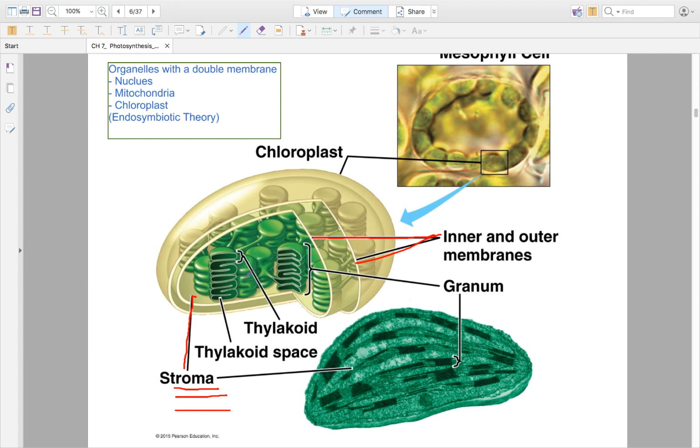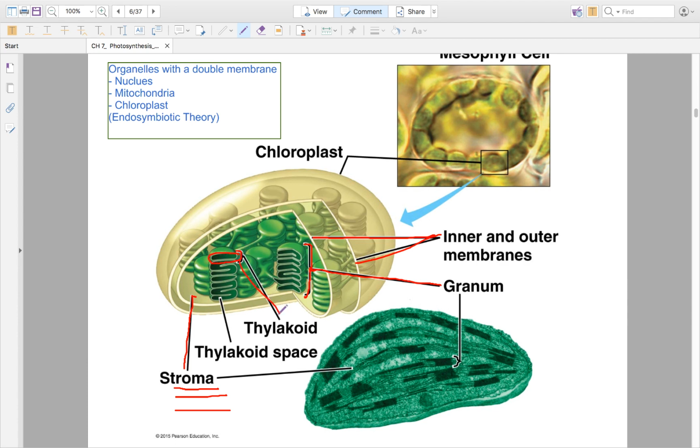The other thing here is, see this little stack, okay? And to me, they look like poker chips. Okay, so imagine that these are stacks of poker chips. Okay, the entire stack of poker chips would be called the granum. An individual poker chip is called a thylakoid.